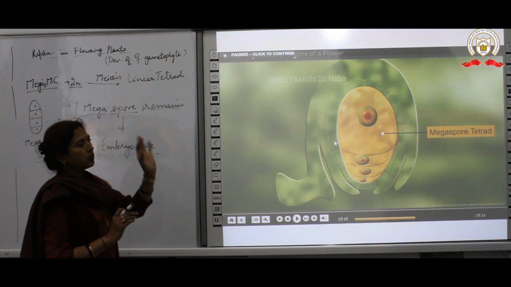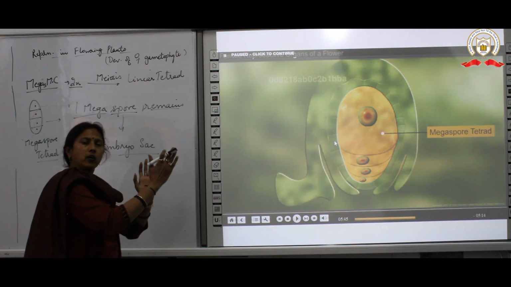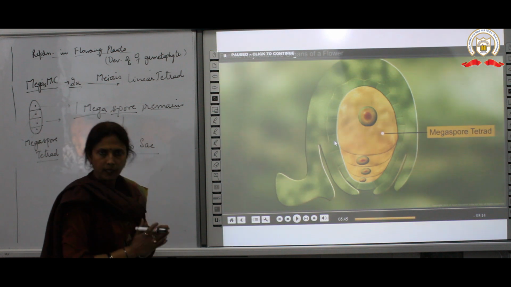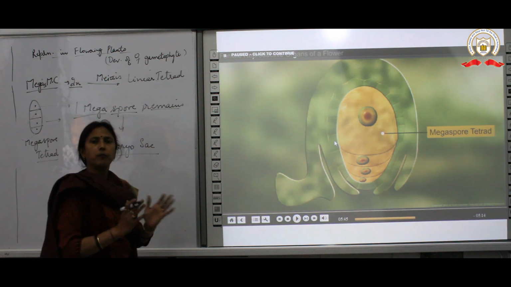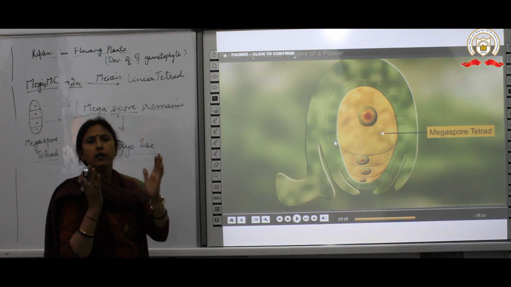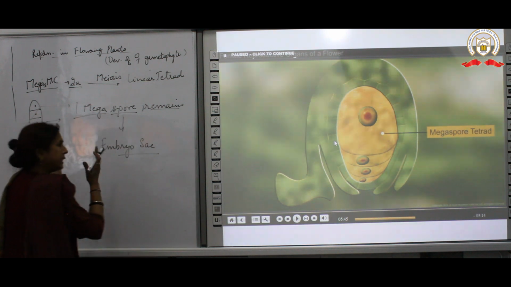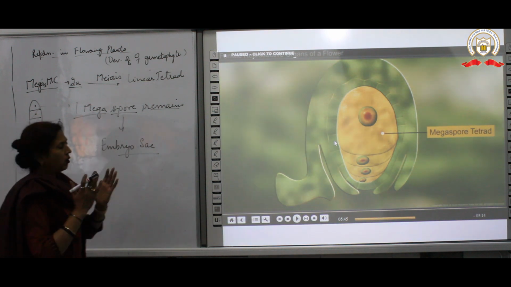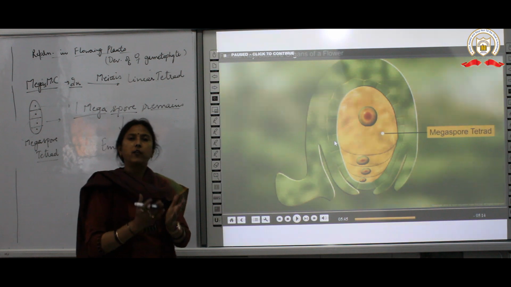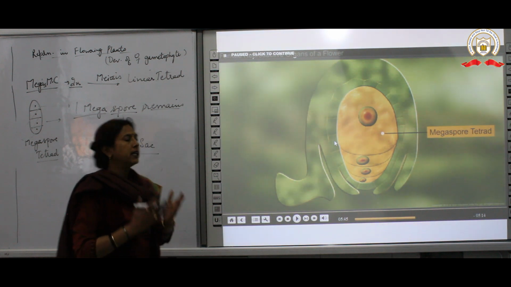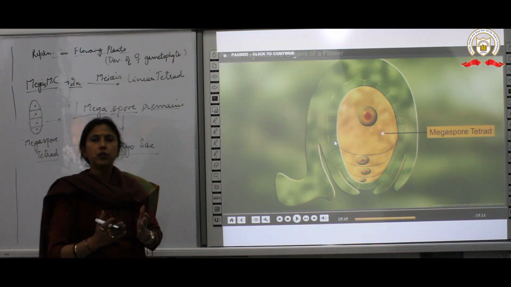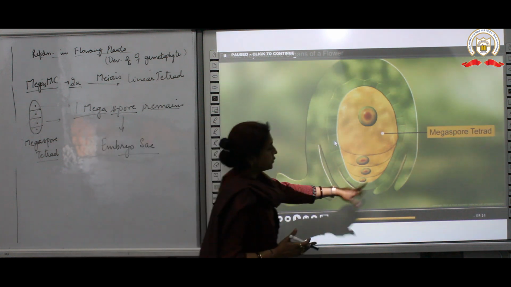Then there is fusion of the funiculus and the ovule at a point called hilum. The ovule is surrounded by protective layers called integuments. These integuments cover the ovule, all the areas except for a small opening called micropyle. Through this micropyle, there will be entry of the pollen tube.